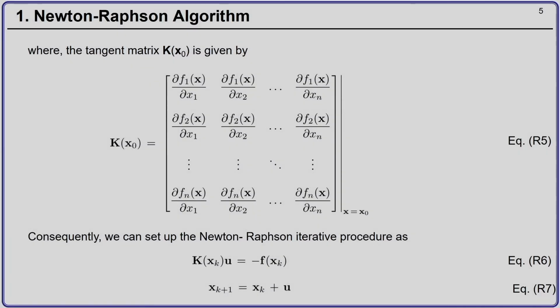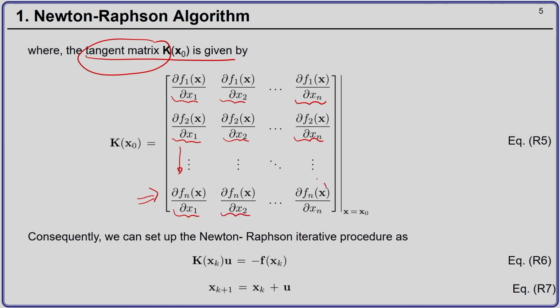Now, the explicit form of this matrix, also called the tangent matrix, evaluated at x 0 is given by: first row del f 1 by del x 1, del f 1 by del x 2 all the way up to del f 1 by del x n. Second row is del f 2 by del x 1, del f 2 by del x 2 all the way up to del f 2 by del x n, and so on, and finally, the last row is del f n by del x 1, del f n by del x 2 all the way up to del f n by del x n, and this matrix has to be evaluated at the solution point x equal to x 0.